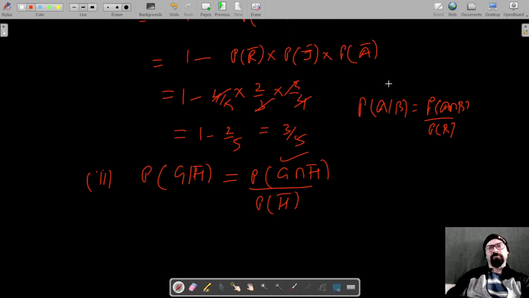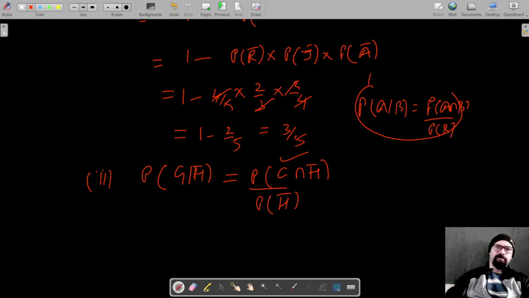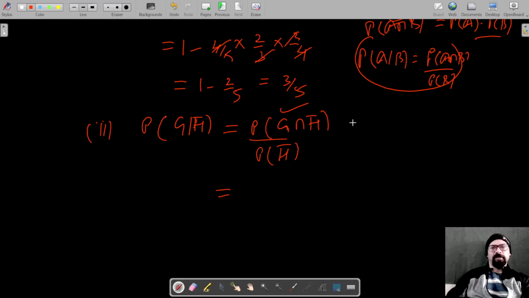Because these are independent events, and for independent events, probability of A intersection B is equal to probability of A into probability of B. So probability of A intersection B is equal to probability of A into probability of B for independent events, because it's given that all these are independent events.